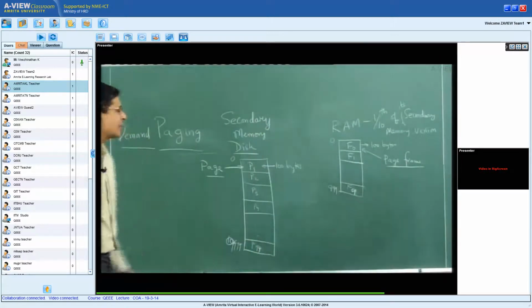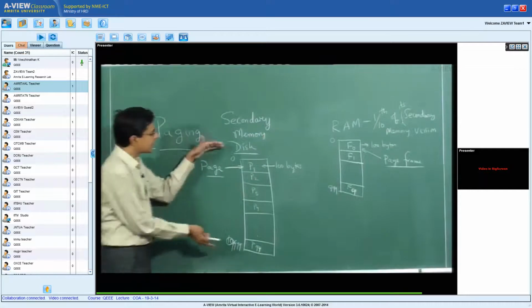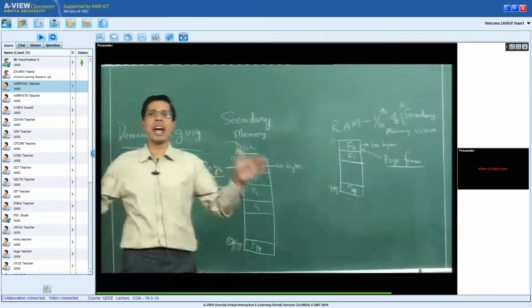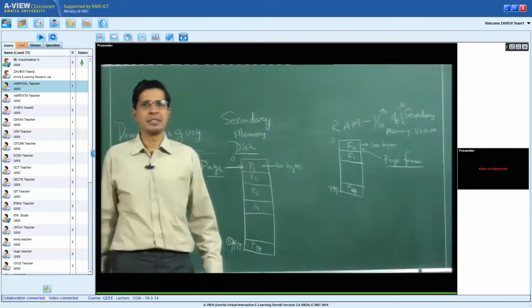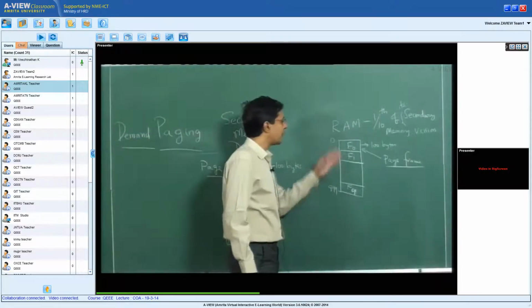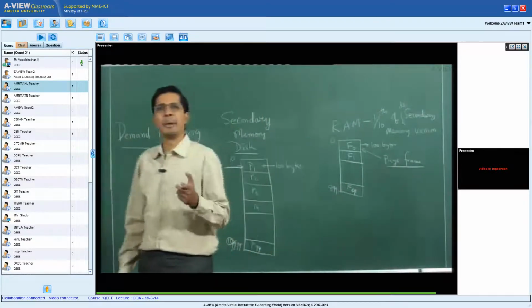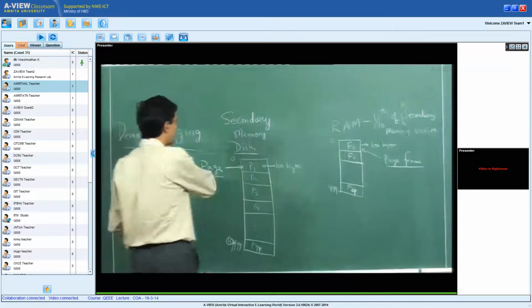Now what has happened, as far as the user is concerned, he sees a memory which is as large as 10,000 bytes. But inside the system, the memory that is available is only 1000 bytes, which is 1/10 the memory that is exposed to the user.